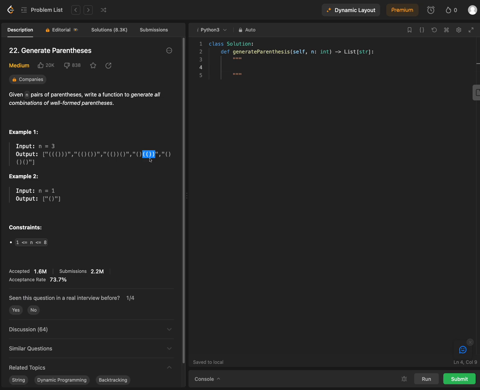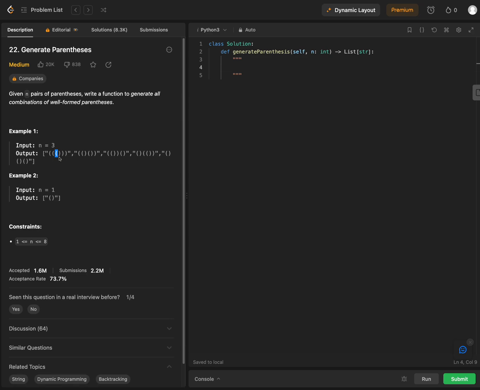How can I approach this question in a dynamic programming manner? Is this a dynamic programming question, or is this a stack question? If we have a stack, right? Open, close. Dynamic programming?